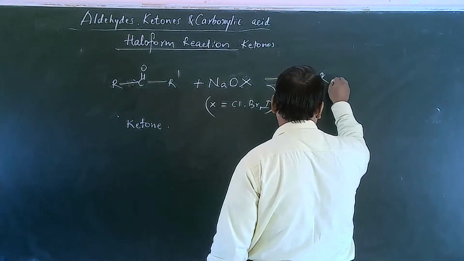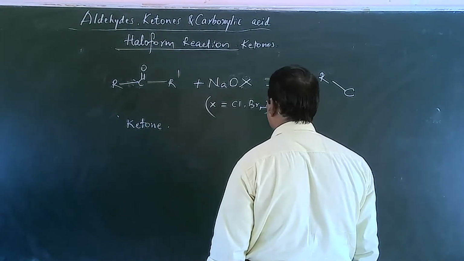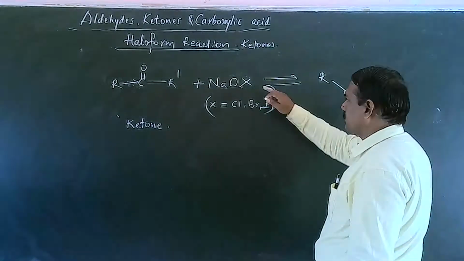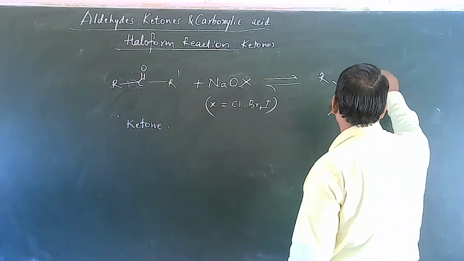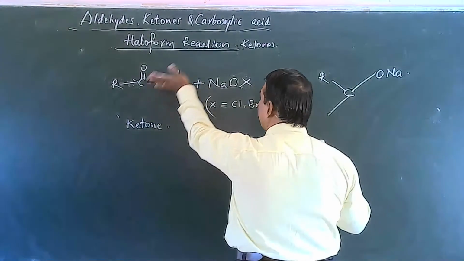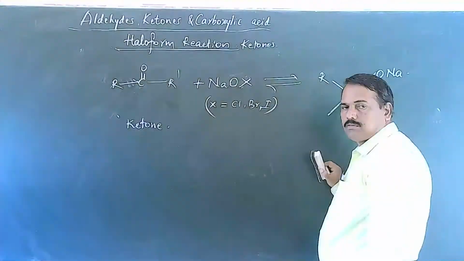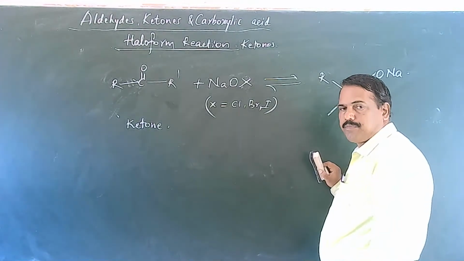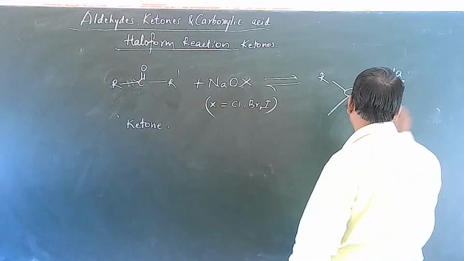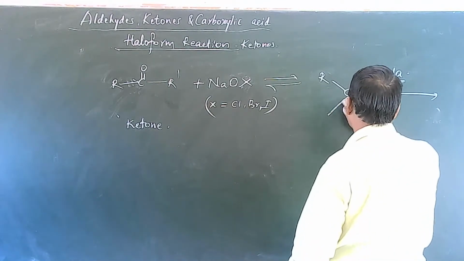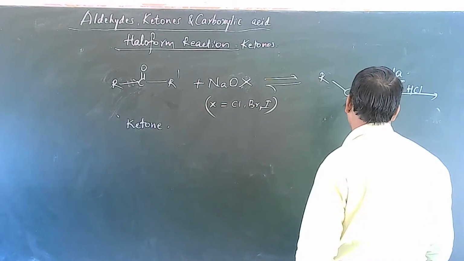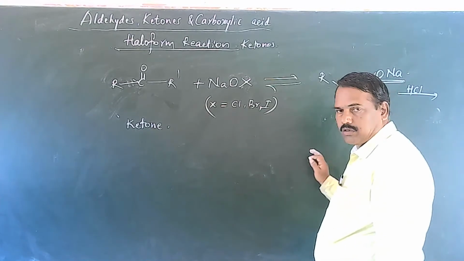So we will get C, then O, see here ONa, and one of the alkyl groups is skipped out. That is very important. And the hypohalite ONa is formed. On acidification, we will get the final product.